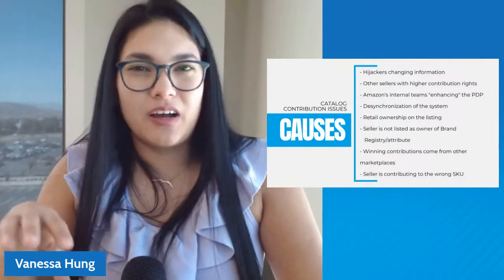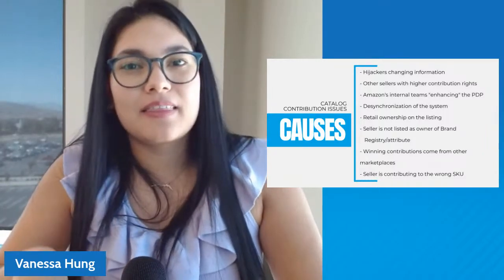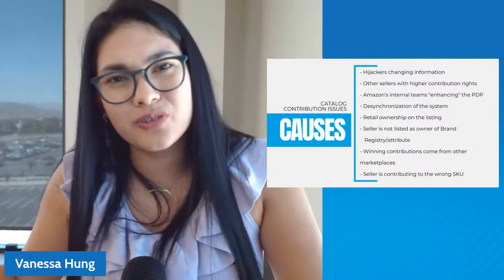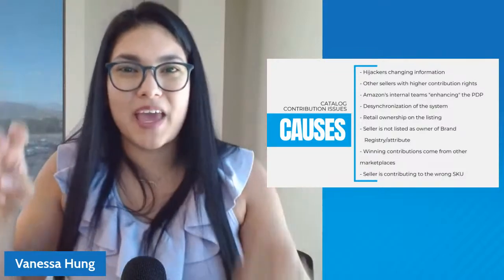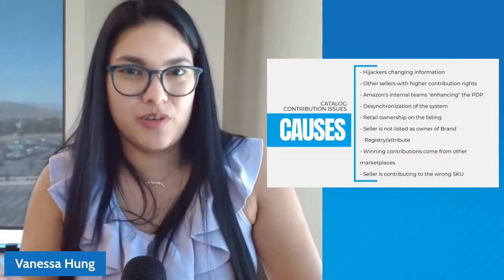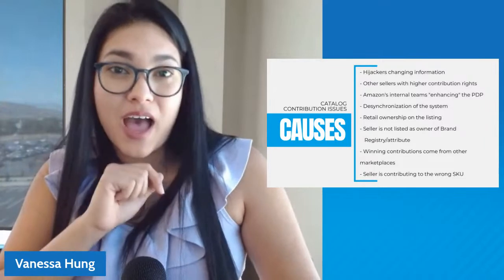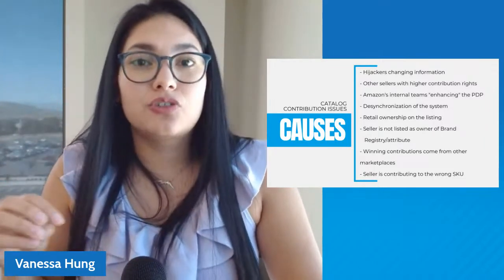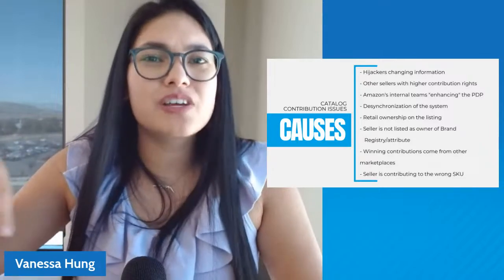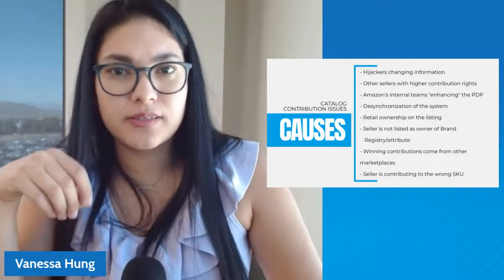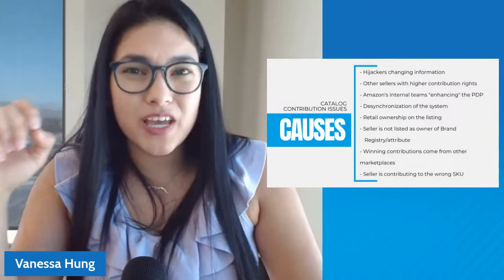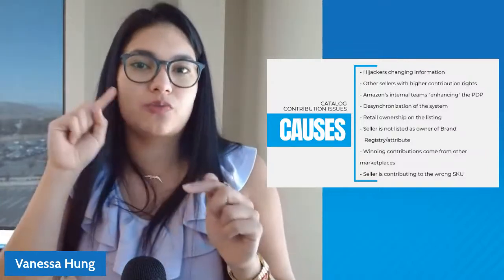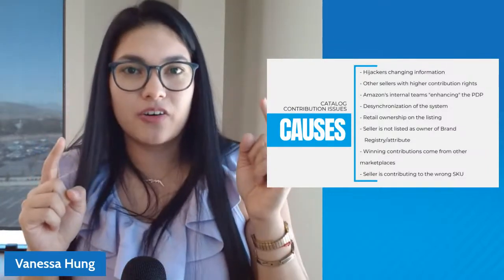But apparently, lately, I'm seeing that brand registry is flagging accounts for abusive behavior, but they don't tell you what the abusive behavior is. And because of that, they have the right, or the ability, to block brand registry contributions for your listings. So a lot of the issues that I'm seeing now are because there is no connection between your brand registry and your catalog in Seller Central.